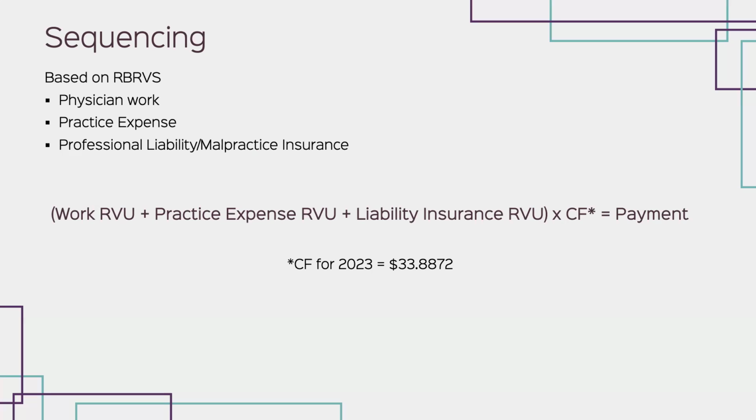Once your services have been coded or identified, they are sequenced with the highest relative value unit, or RVU, first, followed by any other codes in decreasing RVU order. Essentially, the more complicated or more complex your procedure, the higher your RVU, and those should be listed first and then in decreasing order of complexity.